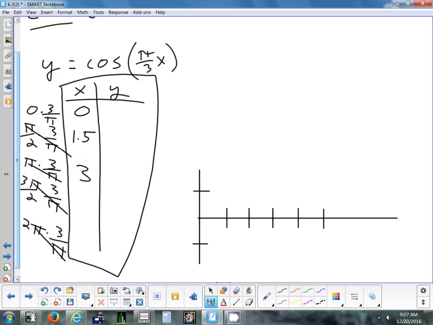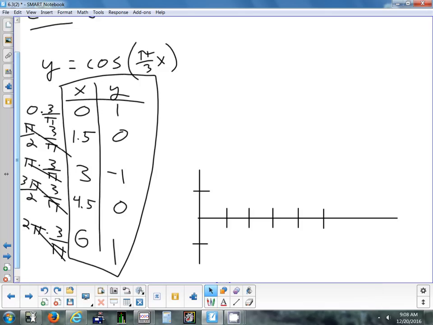So the next one should be, and it is, 6/4. And the last one should be another 1.5. And 2 times 3 is 6. And then you just graph from there. Okay, so anytime you got a pi in front of x, it makes those values turn out very nice. Questions on that one?